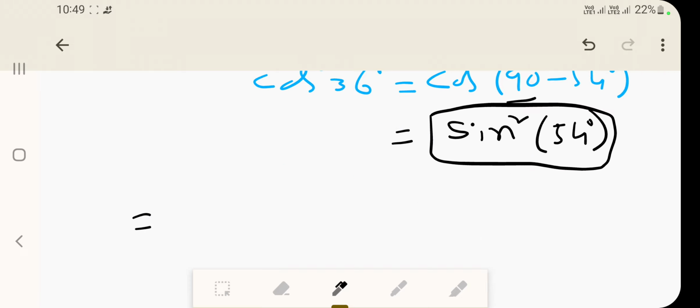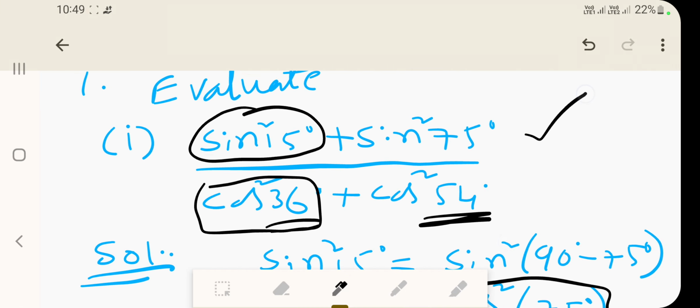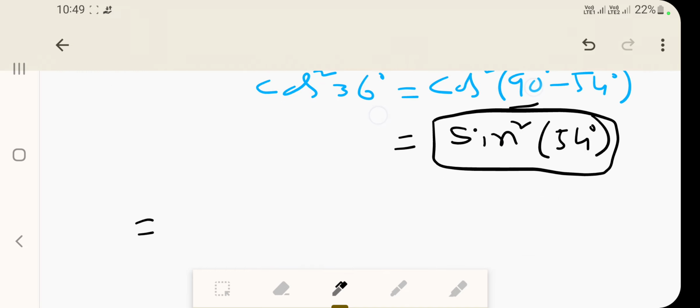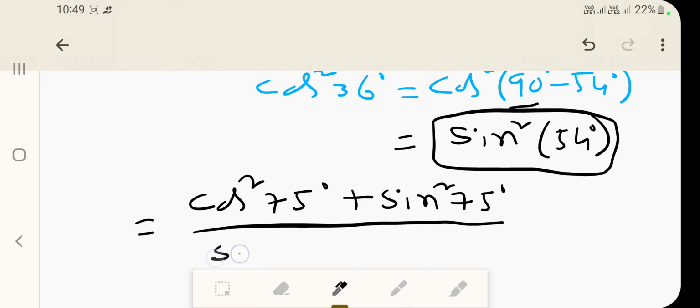So now in place of sin square 15 in the numerator, we write cos square 75 degrees, plus sin square 75 which is already there, divided by sin square 54 degrees in place of cos square 36, plus cos square 54 which is already there.